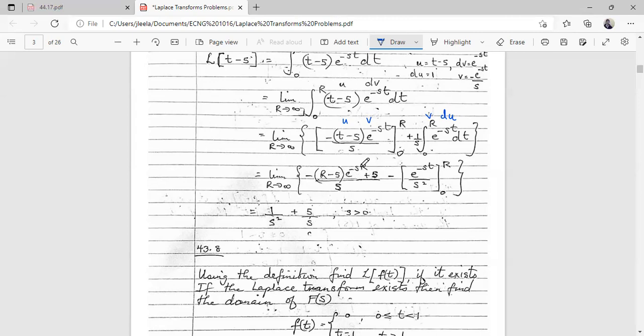This term here will also approach 0 because of the negative s here, right? So your domain of Fs would be s greater than 0, right? Because if s is 0 or less, of course, here will be undefined, right?